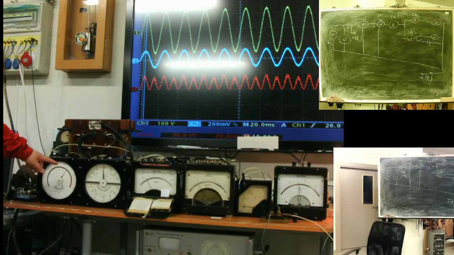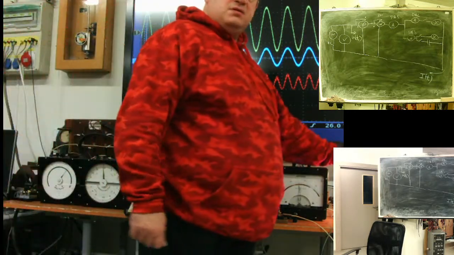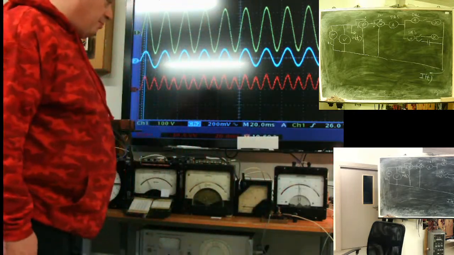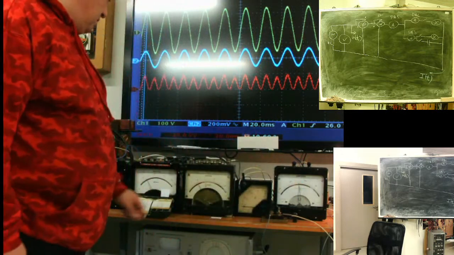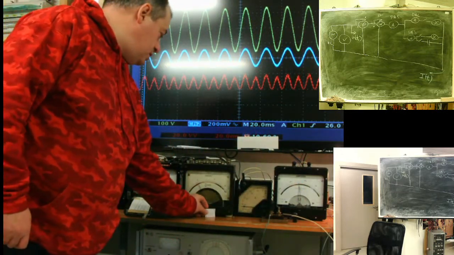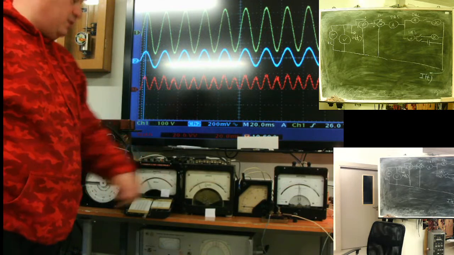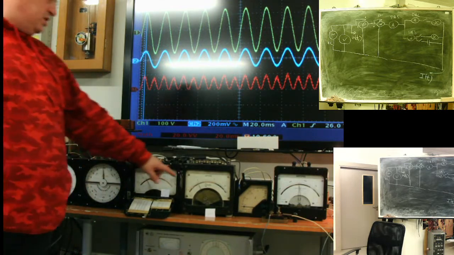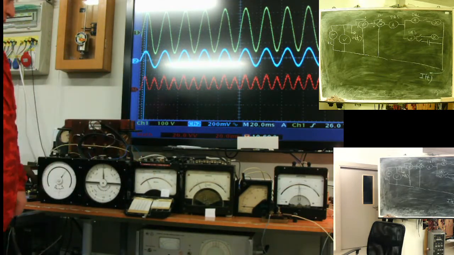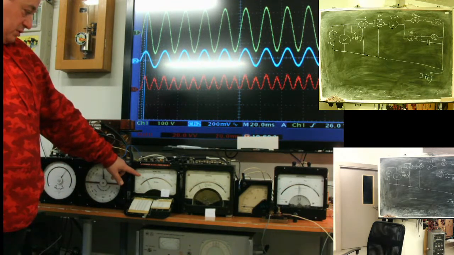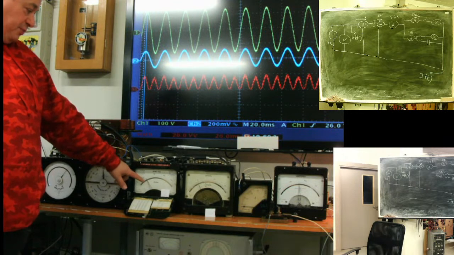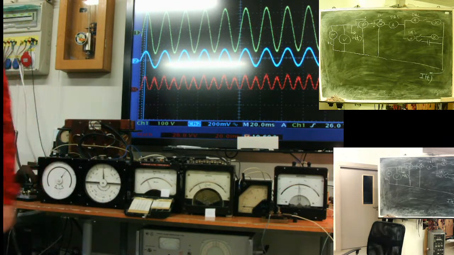Here it is 100. I have this nice load. My current is 0.8 amps. Here full scale is 5 amps, so it's also 0.8. And power: 40 should be multiplied by 2, approximately 80 watts.